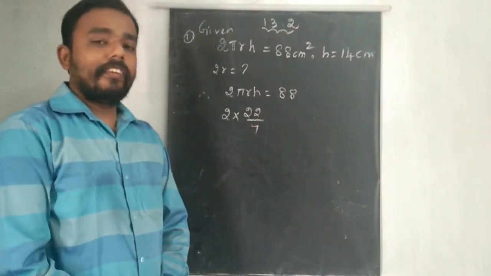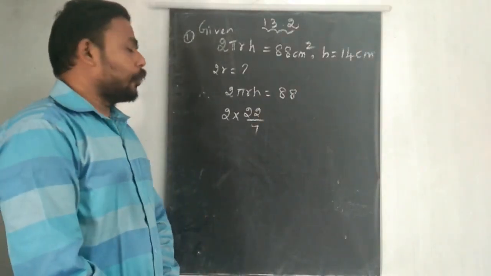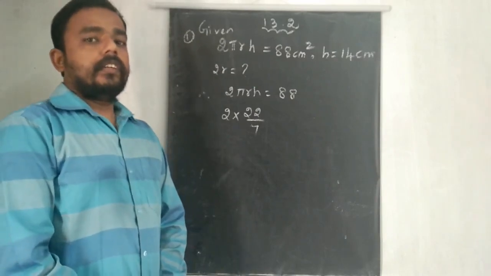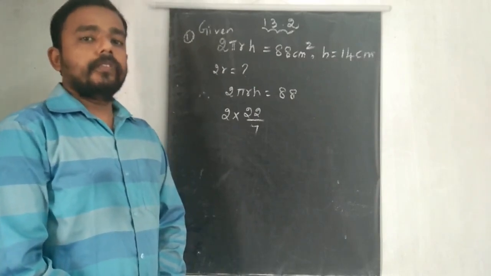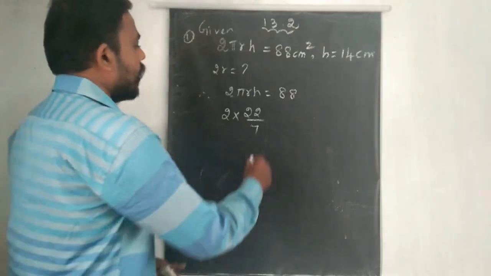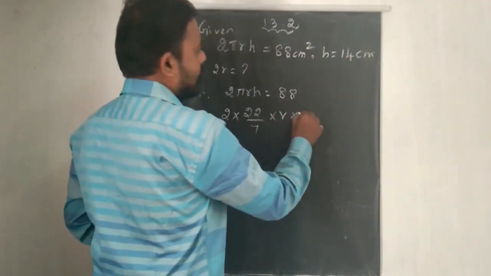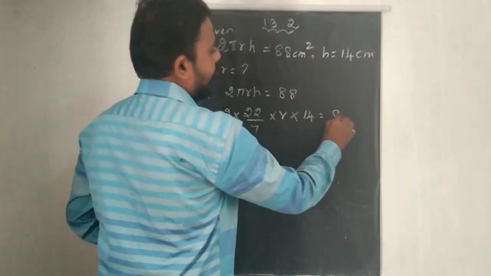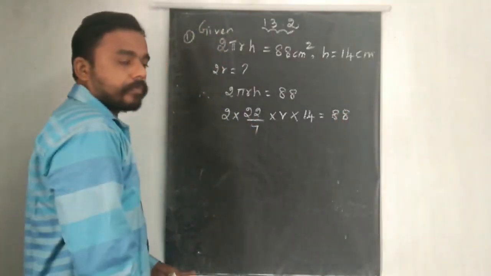If nothing is given, use 22 divided by 7, otherwise use pi equal to 3.14 maybe, into r into h value 14 equal to 88 centimeter square.